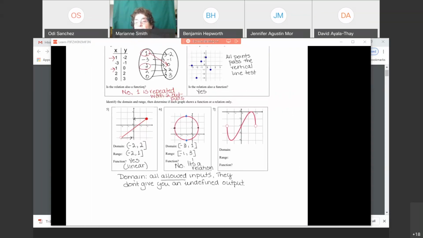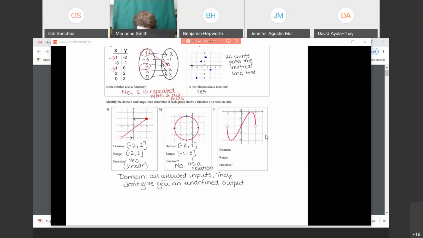Let's take a quick look at number 7. Do you think number 7's a function? Again, it's not really clear what's going on here, but I think what they meant to draw was something that was a little less vertical here.